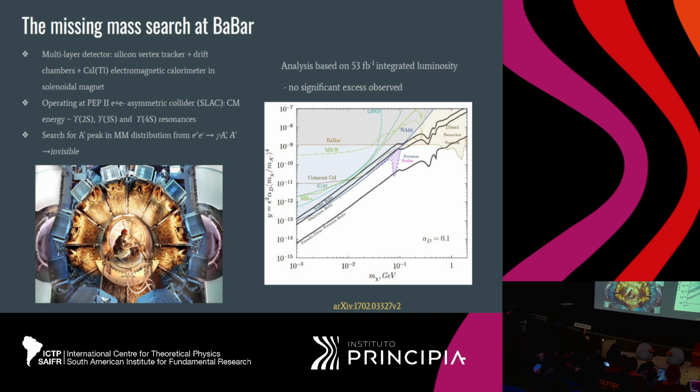This is due to two main facts. The first one is that, as I said before, it is an electron-positron collider. And if you produce a dark photon via annihilation in an electron-positron collider, you can have a final state where you have a gamma and a dark photon. So you have not many particles to detect if you want to perform your missing mass search, just the single photon that is emitted from this reaction.